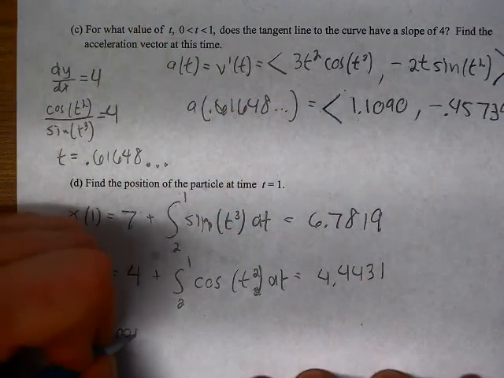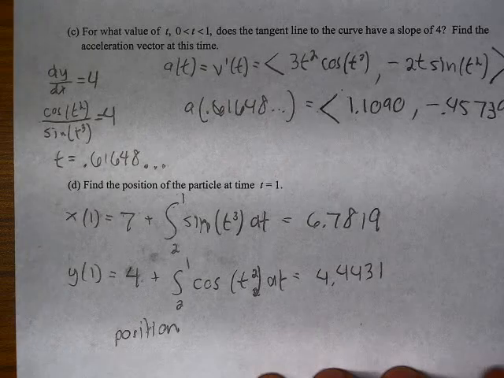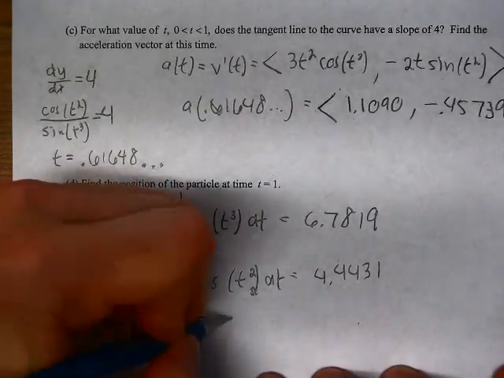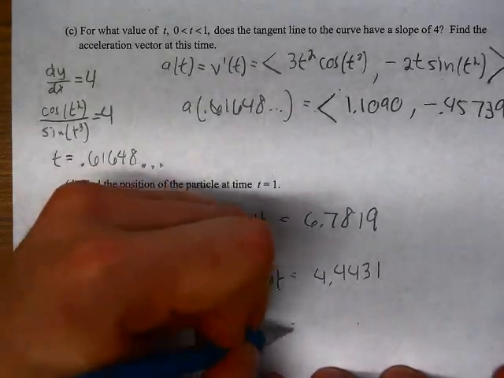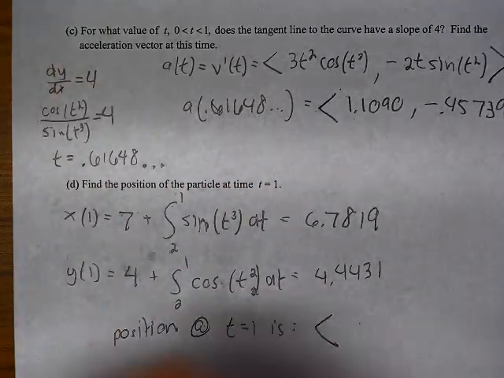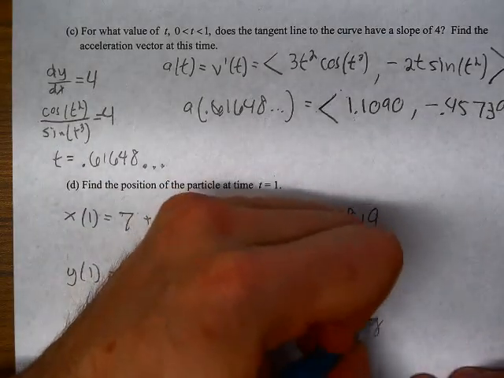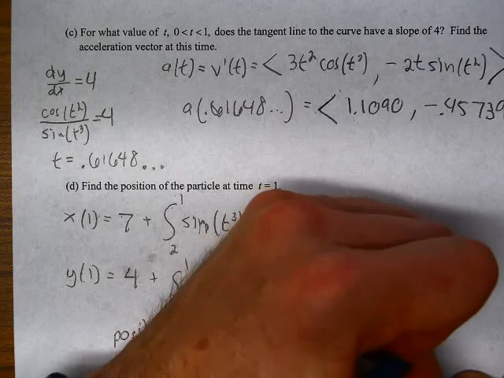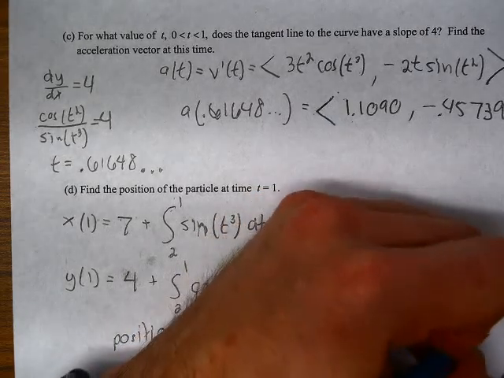So the position at t equals 1 is, I'm going to write it as a vector, 6.7819, comma 4.4431.